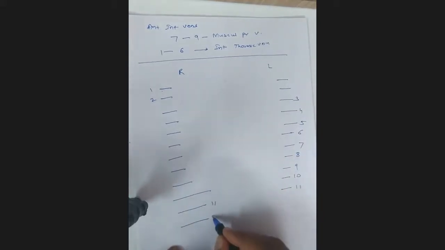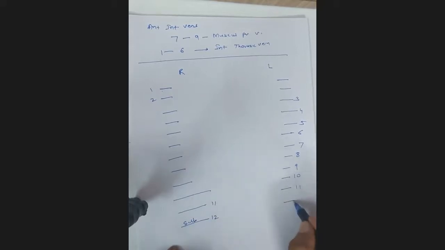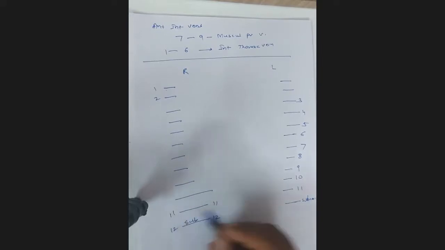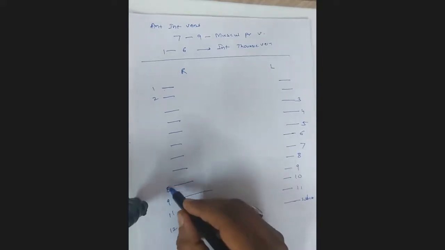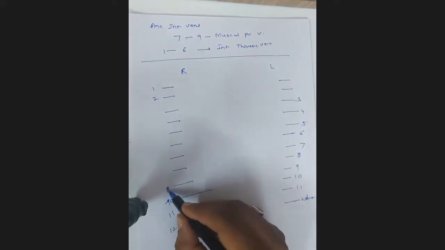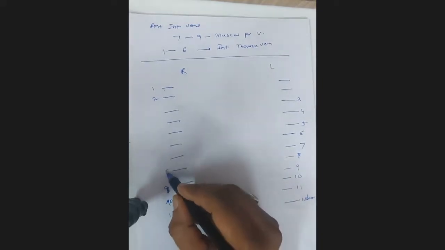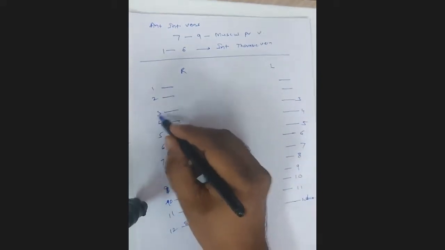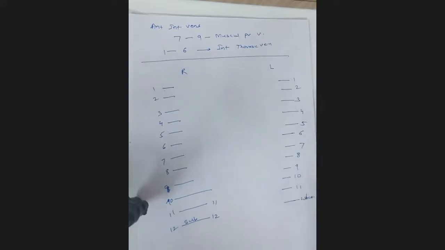The 12th one is not called intercostal, it is called subcostal. The 12th one is called the subcostal vein. And the same on the other side, 10, 9, 8, 7, 6, 5, 4, 3, 2, 1.